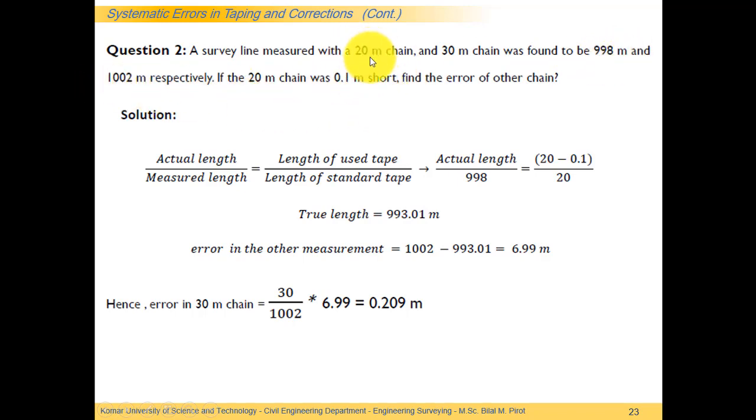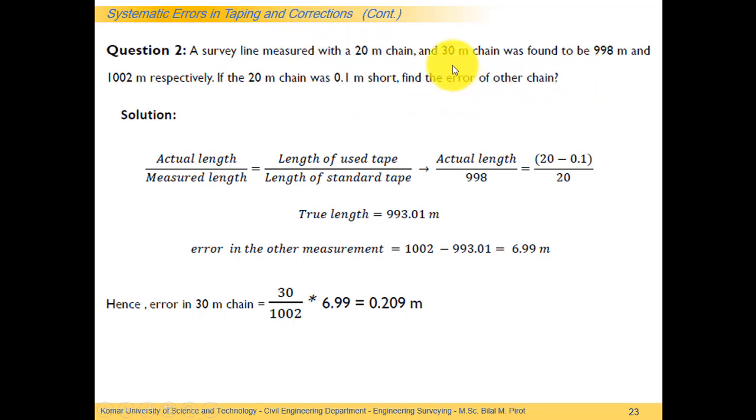When we use the 20 meter tape, the length was this number, but when we use the 30 meter tape, the length was 1002 meters. If the 20 meter chain was 0.1 meter short, find the error in the other chain.